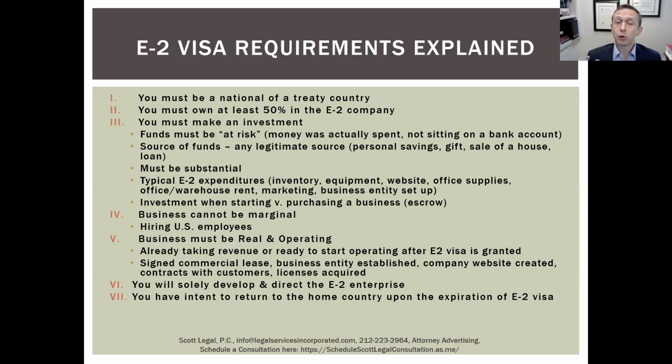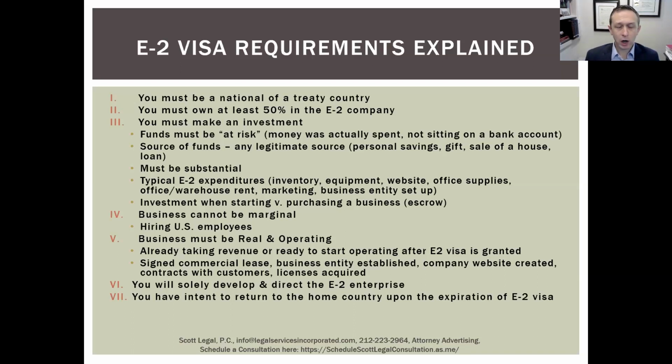You may be employing workers, one worker part-time. You might have a contractor. These are all perfectly fine and good E2 expenditures. We'll talk a bit later about what are not considered good expenditures, but broadly speaking, really anything that's needed for the business to become operational is generally a good expense.